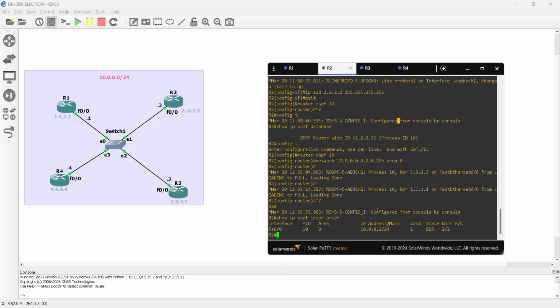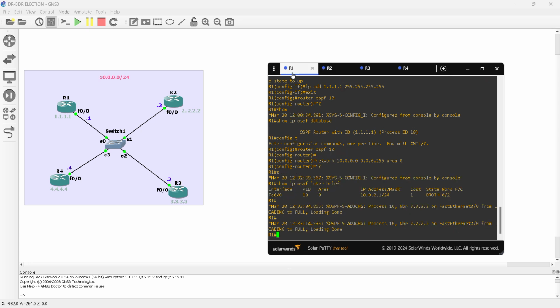Now, if you look at R2, the neighbors are also 2 by 2. If we look at R1, it says 0 by 2. Great.